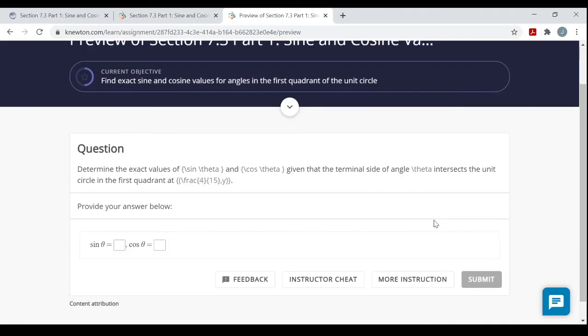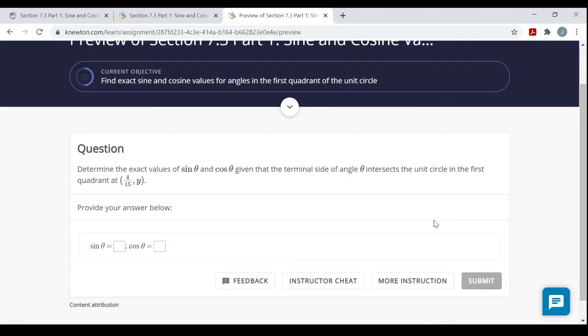And this one, you're talking about special angles. And you're talking about the first quadrant only, right? This is that first quadrant, sine and cosine of angles in the first quadrant. All right, so this is the same kind of as earlier. A very similar problem to earlier. I'll do one more. So it says here, determine the exact values, which just means don't punch it in the calculator.